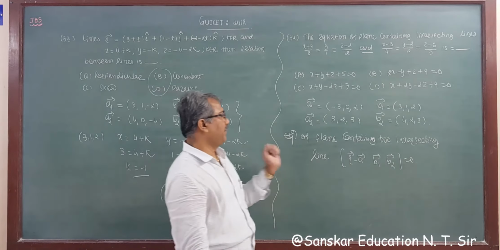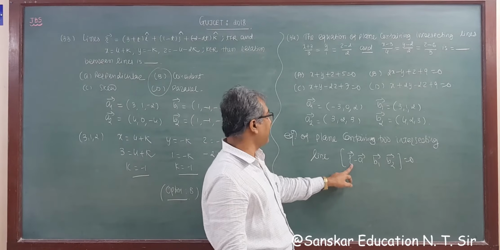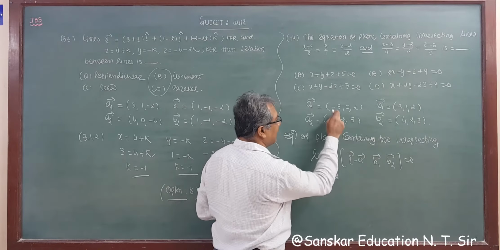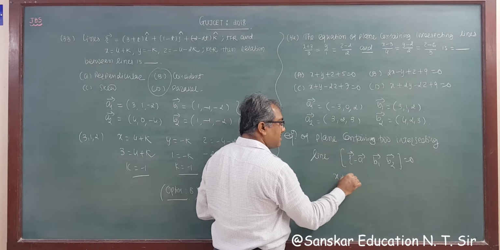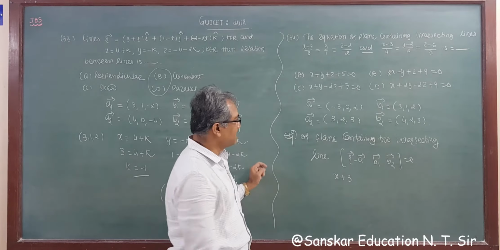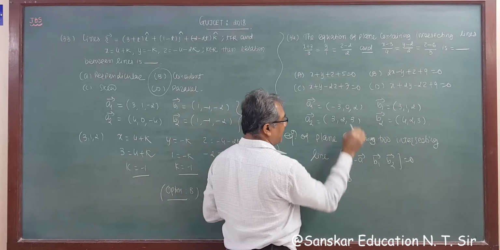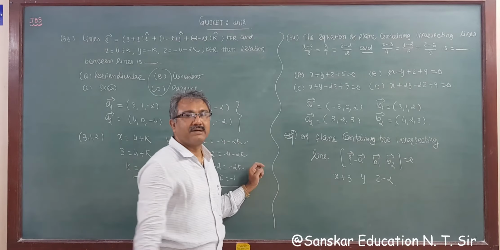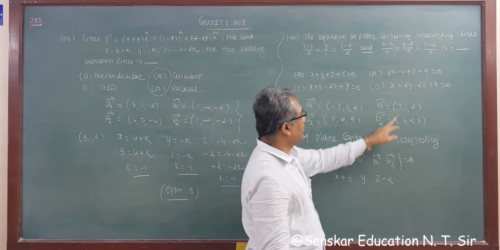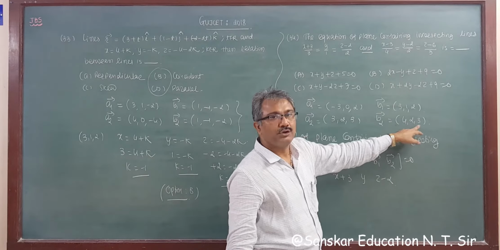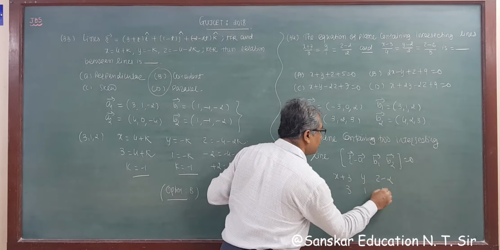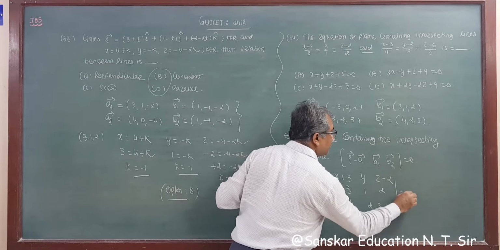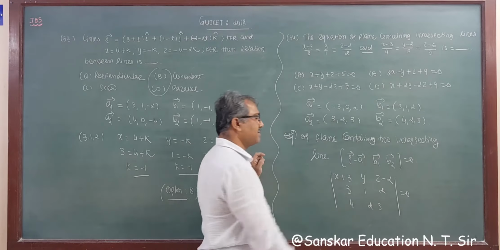That means we consider r bar as x, y, z, and a bar as the point of the first line. So the rows are x plus 3, y minus 0 which is y, and z minus 2, then b1 which is 3, 1, 2 and b2 which is 4, 2, 3, and this determinant equals 0.